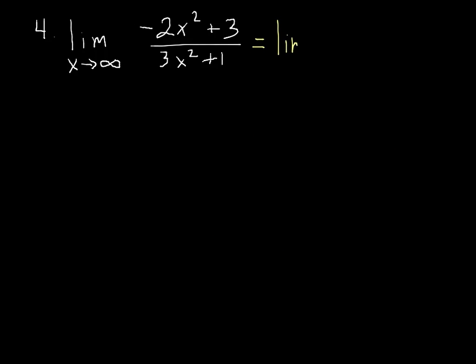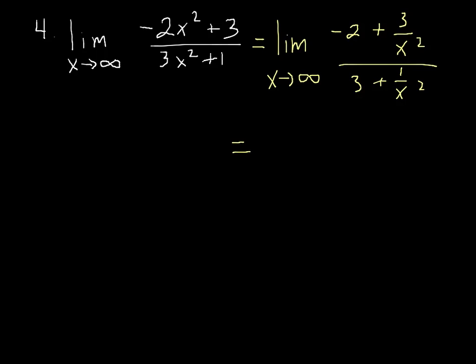Okay. So let's look at this one with the same approach. If I were to divide all of those terms by an x², by the largest power, I'd have -2 plus 3 divided by x² over 3 plus 1 divided by x². Okay. Well, the limit of -2 as x goes to infinity would just be -2.